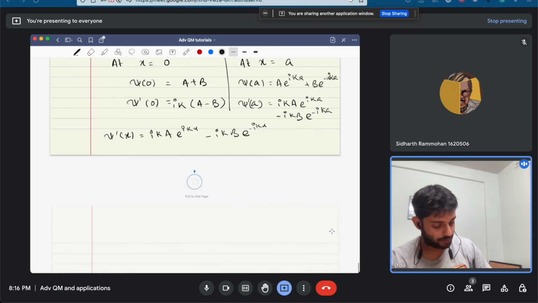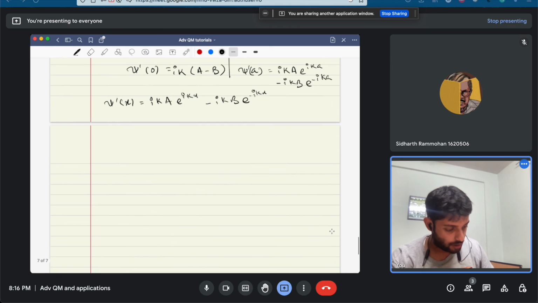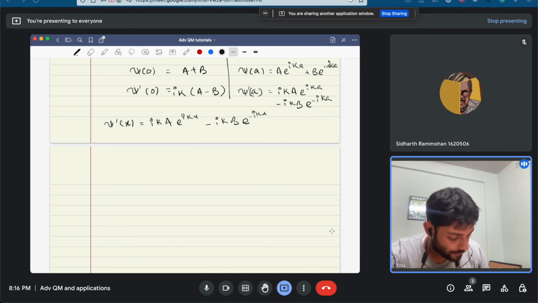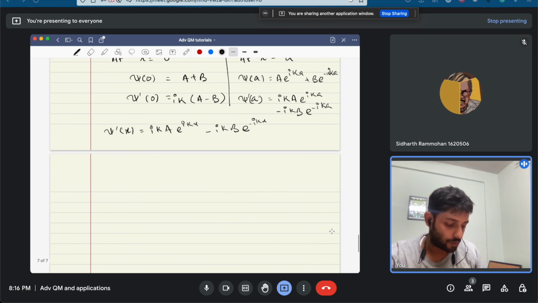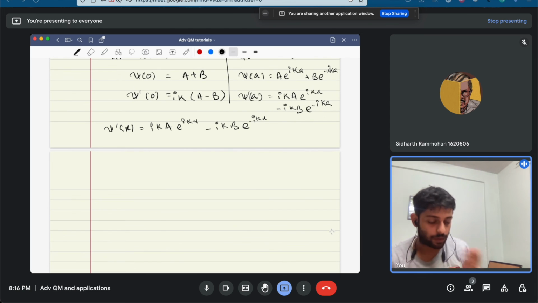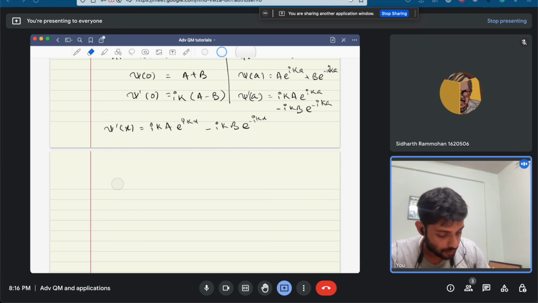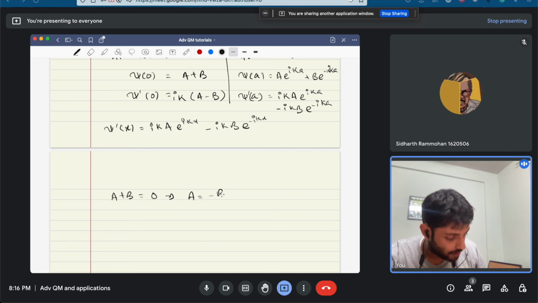Sorry, it's getting a bit congested here. I should move to the next page. And based on these conditions, firstly, at psi 0, the wave function is essentially 0 because of the infinite potential. We have a plus b equal to 0, which means a equal to minus b.